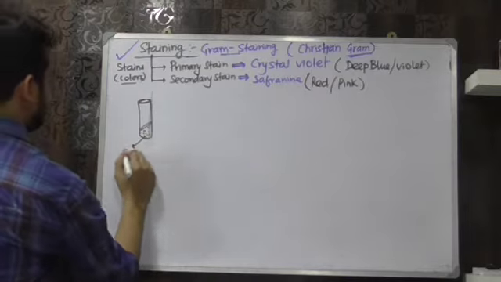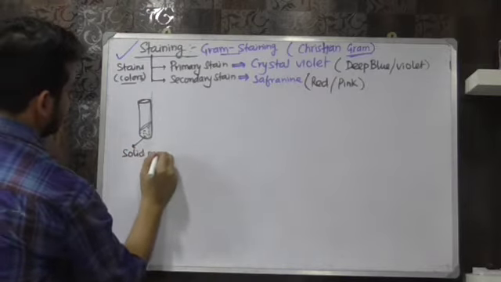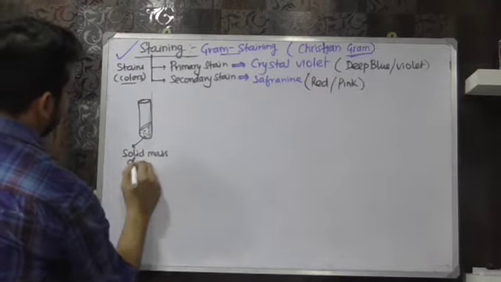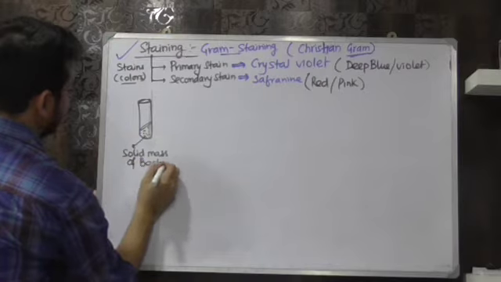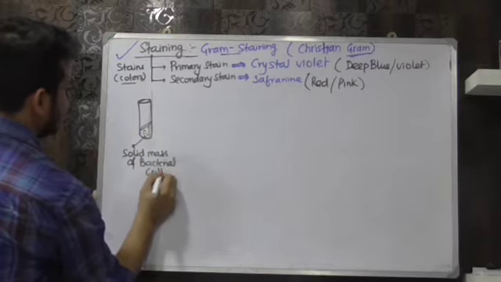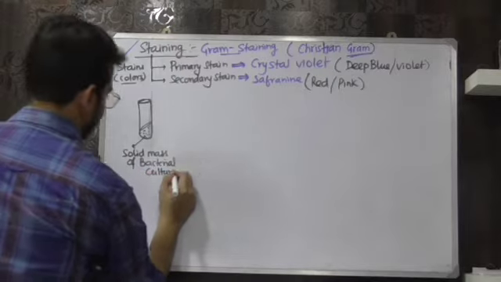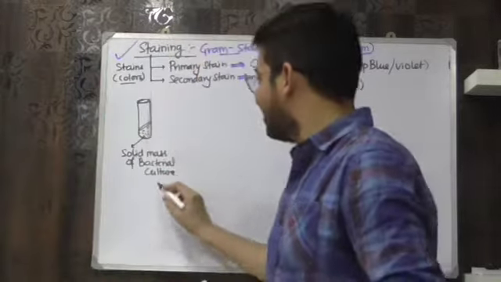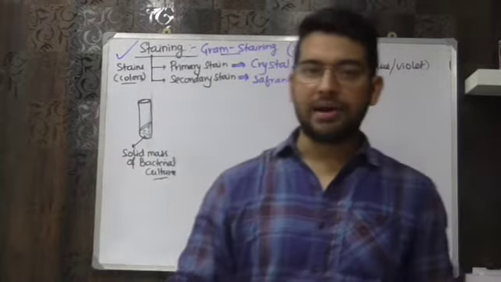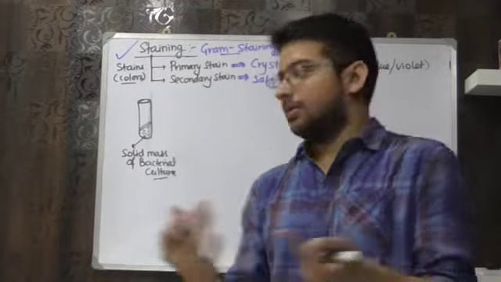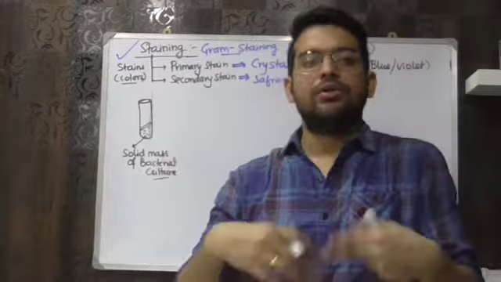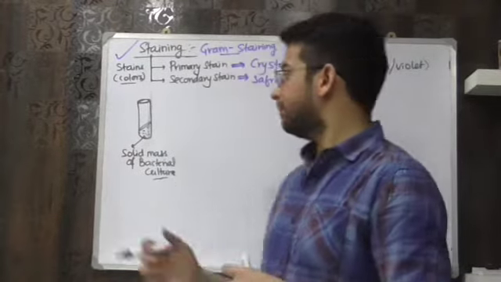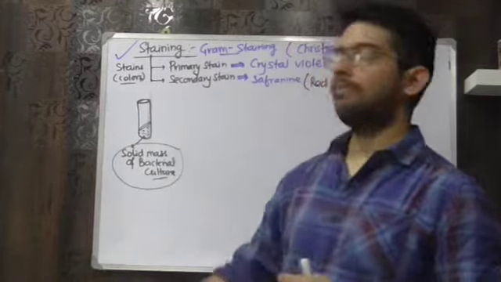So it's a solid mass of bacteria or bacterial culture. Culture means you have brought some bacteria from some distant location and you are growing it in your laboratory. So that is a solid mass of bacterial culture.